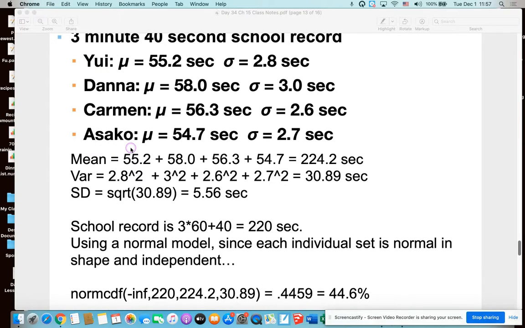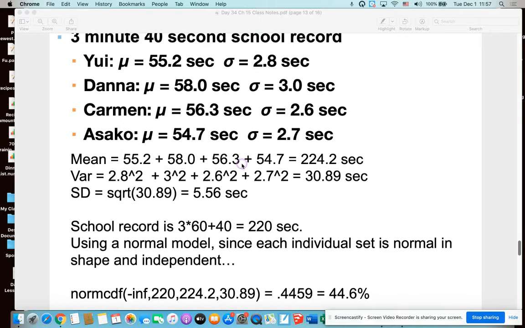We're just assuming they're all swimming as fast as they possibly can. There is something to be said that if everybody else is having a good day, then maybe the last person steps up and has an unusually good day as well. But we're just going to assume these are all independent, and that every single one of these people has a normal shape to their swim times.